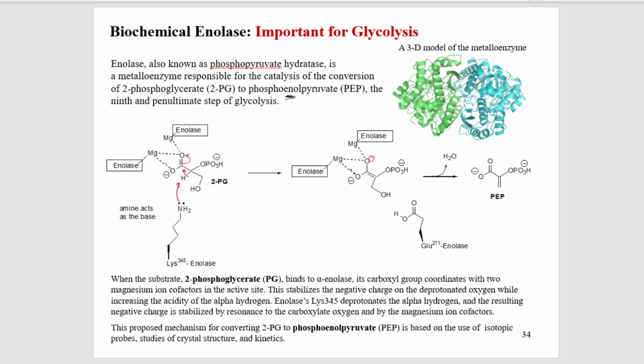This proposed mechanism for converting 2-PG to phosphoenolpyruvate, the PEP molecule, is based on the use of isotopic probes, studies of crystal structure, and kinetics. So this has been studied to understand how it is occurring. But here's the enolase, and you've got the carboxylic end. Here's how this works.